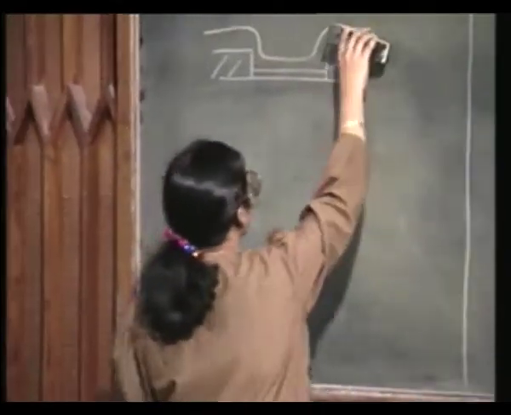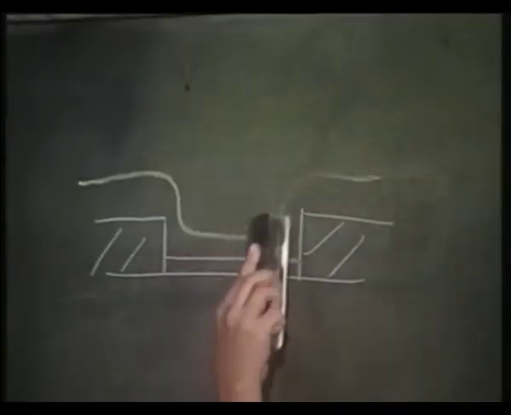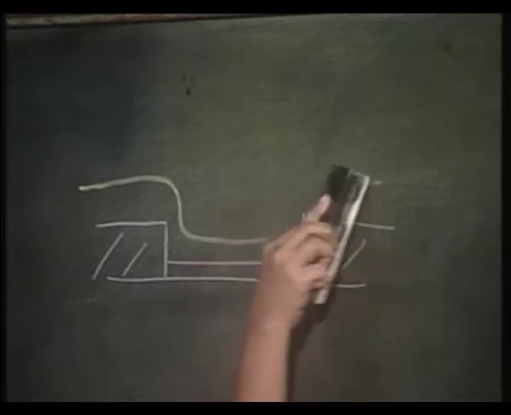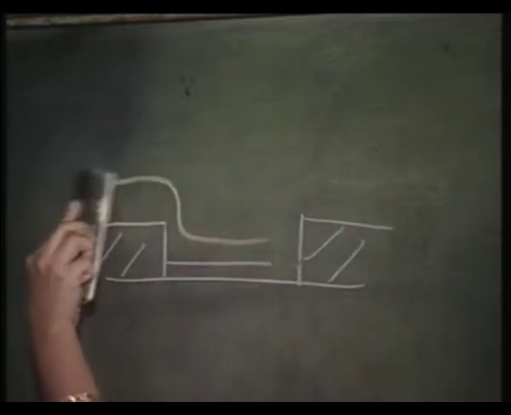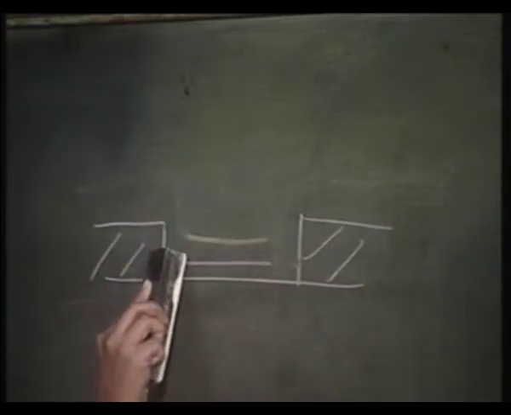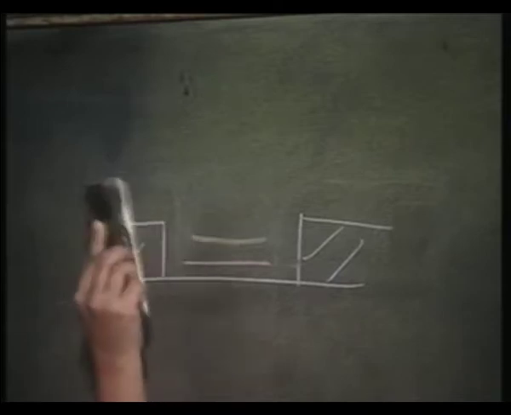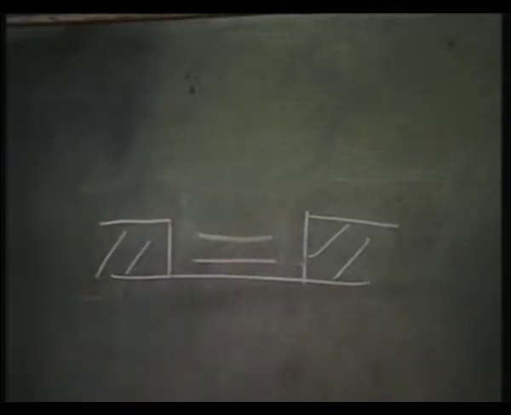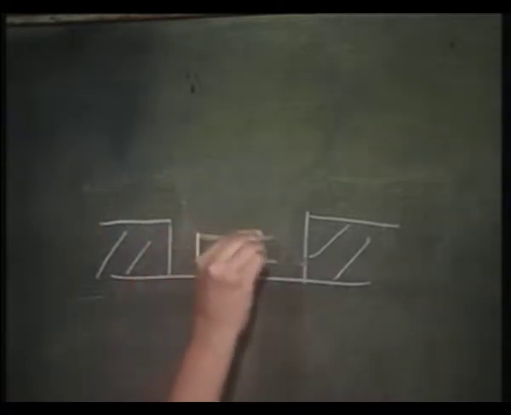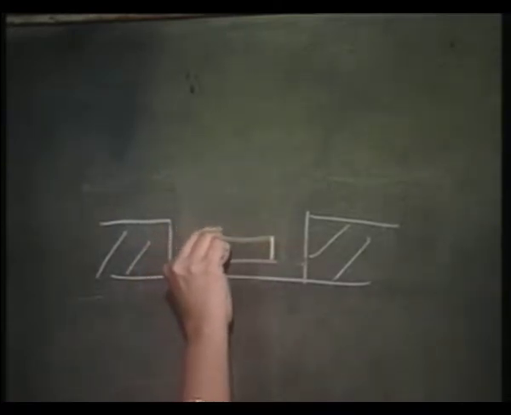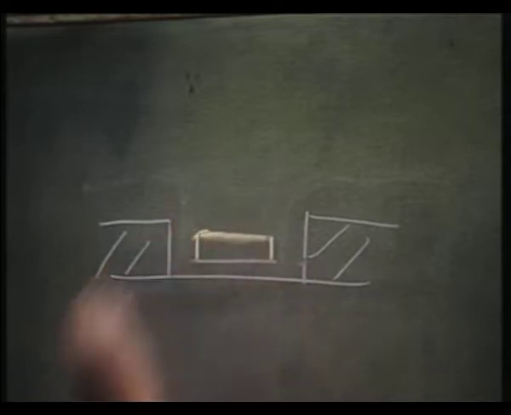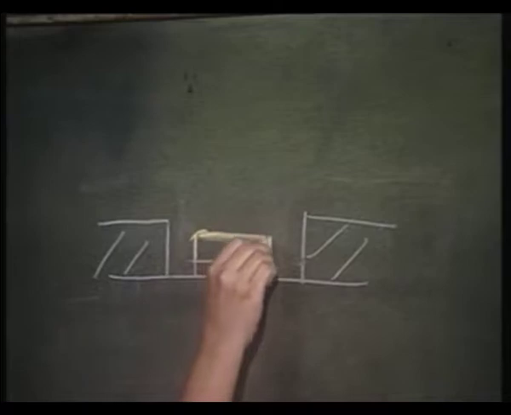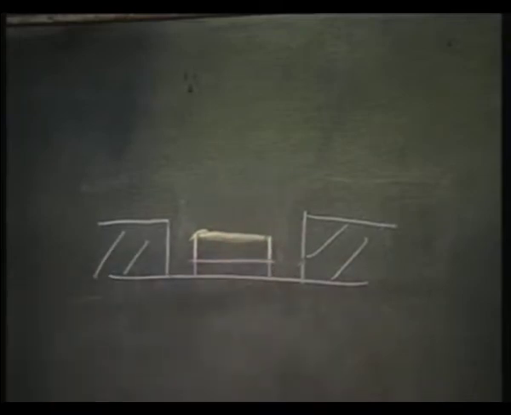That is, you retain it over certain region and remove it from the rest of the portions. So, your gate region is defined.